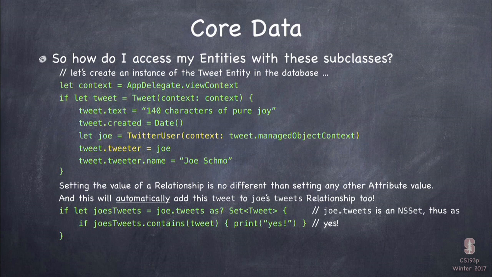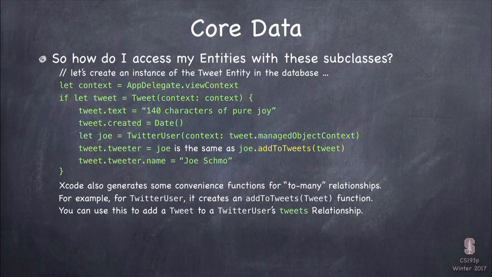Because when I said tweet.tweeter equals Joe, it automatically got added to Joe's tweets. That makes sense? And same thing the other way. If I added a tweet into Joe's tweets, that tweet's tweeter would automatically be set to be Joe. Both sides will always point to each other. You never have to do anything to make that happen.